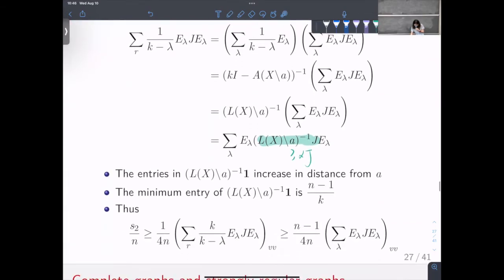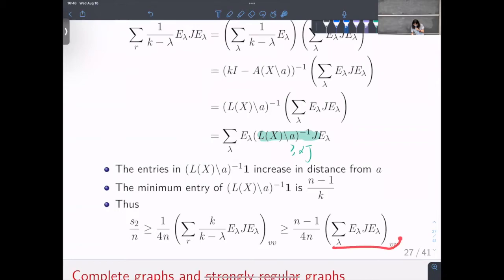So eventually I will get a lower bound in terms of this sum E lambda j E lambda. And indeed, by induction, you can show that the entries of this vector will increase in distance from A. In particular, it's minimized at the neighbor of A. And the minimum entry of this is equal to n minus 1 over k. So S2 over n is greater than or equal to this number.